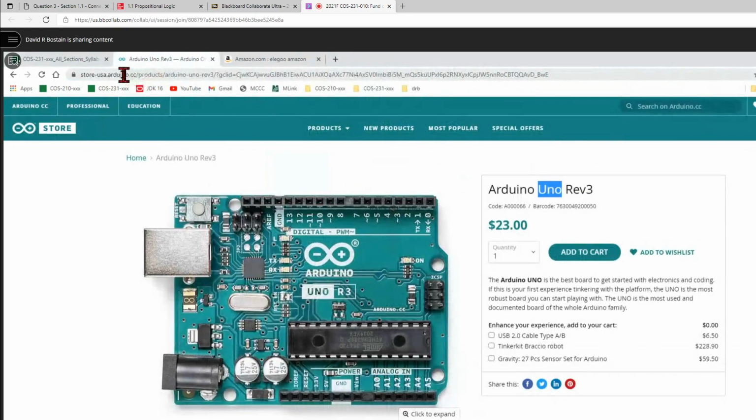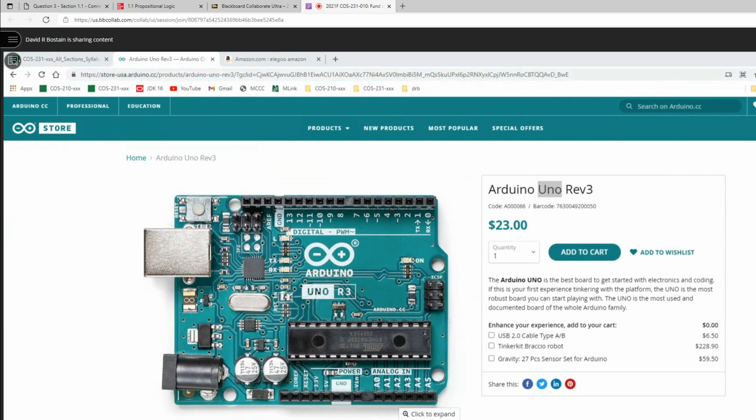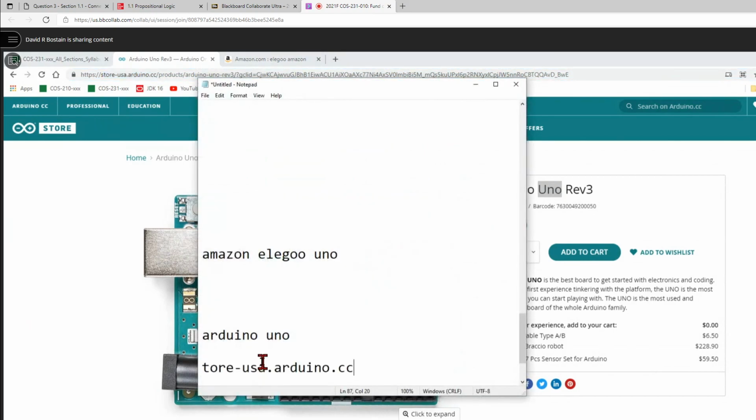And the site you're looking for ends, let me see if I can just copy that real quickly. Right there it is. The important thing is to know you're not getting some strange place. It ends arduino.cc.